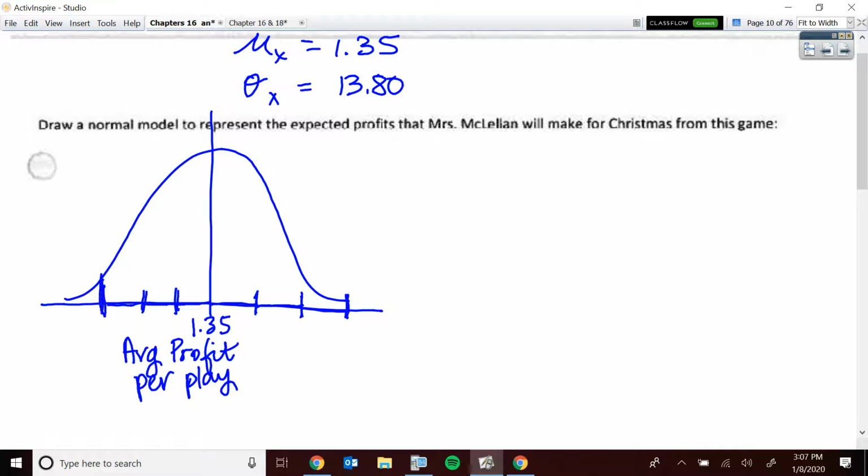So there's quite a bit of times that I am losing money. Okay, but if I want to know what proportion of days do I make a profit? At the end of the day, what proportion of days do I have an average profit per play?